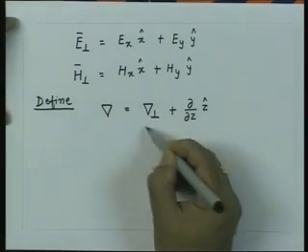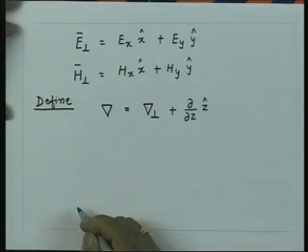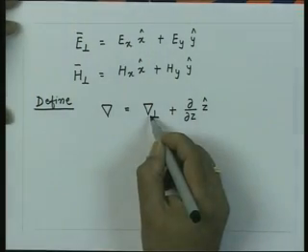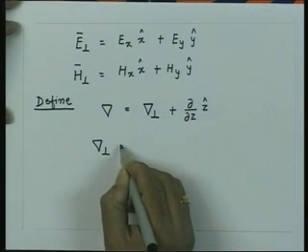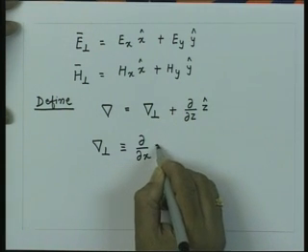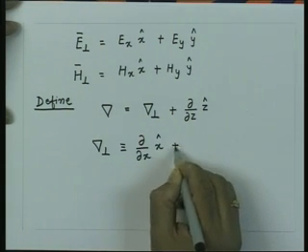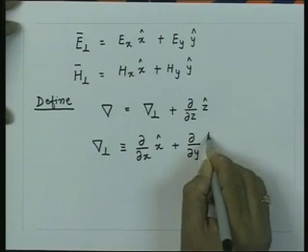So, this is the vector operator, this is the scalar operator d by dz with unit vector z, and this quantity is del perpendicular, which is nothing but d by dx x plus d by dy into y.